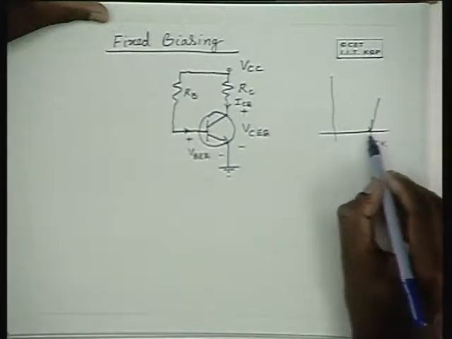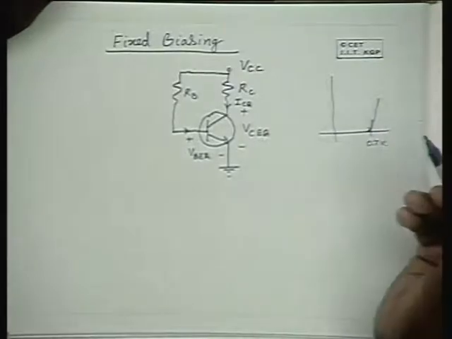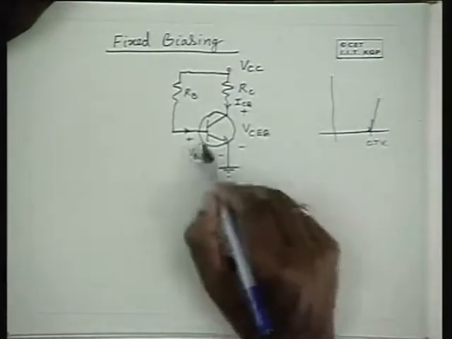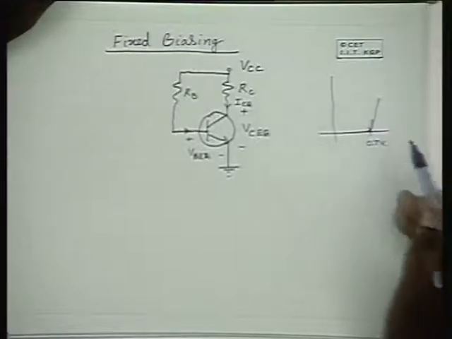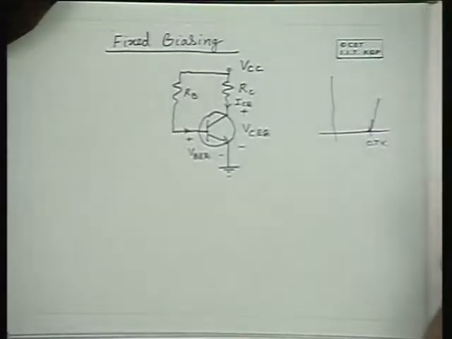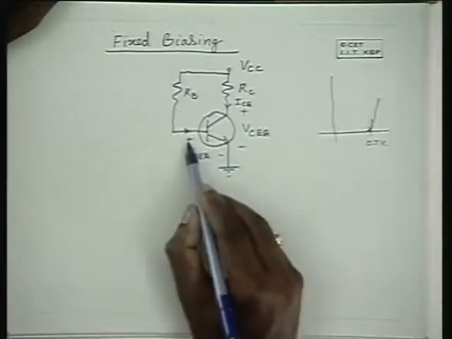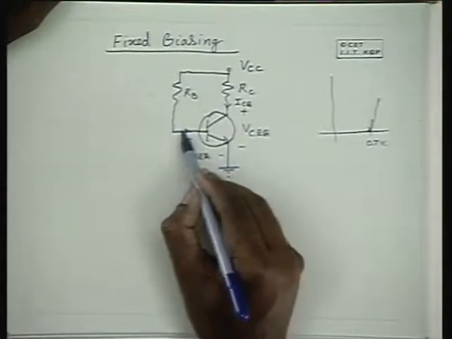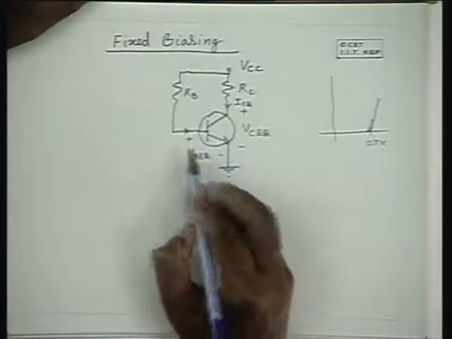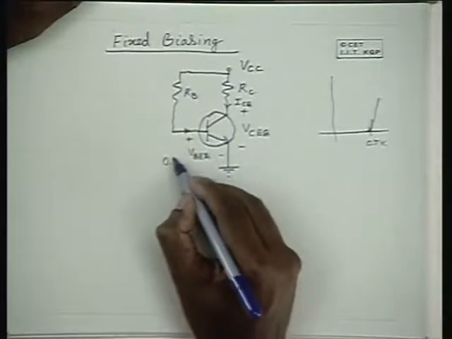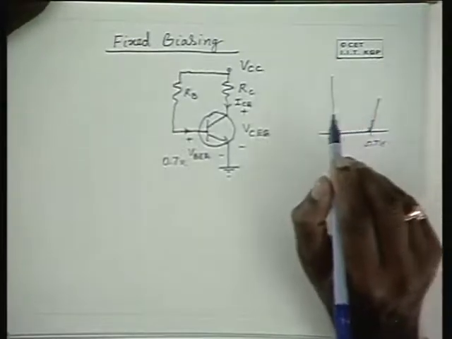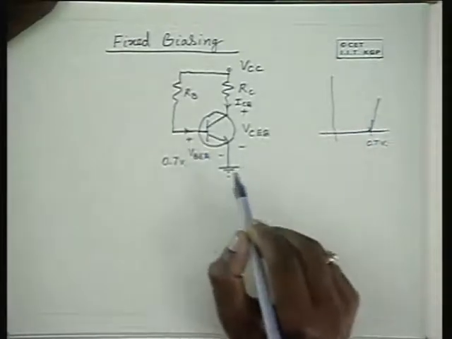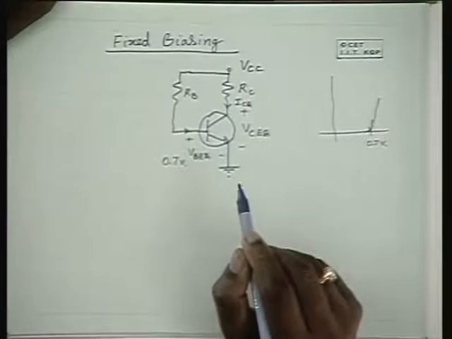If the current is low, VBE may be 0.65 or 0.6 volts. If the current is very high, it may be 0.72 volts. So in any case, irrespective of the value of IB, VBE is of the order of 0.7 volts with a close approximation.